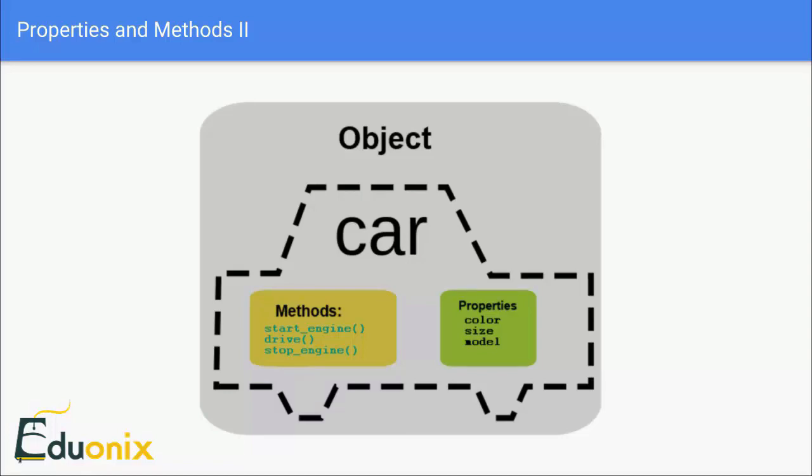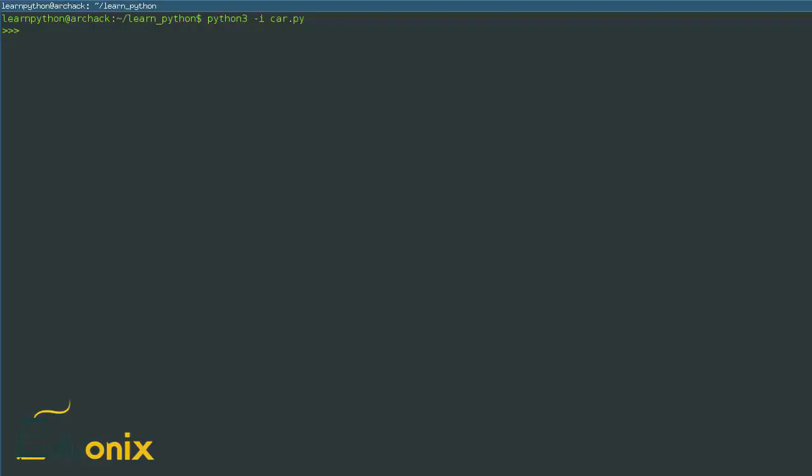We can actually take a look at an example of what this class might look like in Python and how you might access these attributes and methods. So what I've done here is loaded an existing Python file into my Python interpreter session that allows us to create car objects like the one that we just talked about. We're going to talk later about how you can create your own objects and what the syntax necessary for that is.